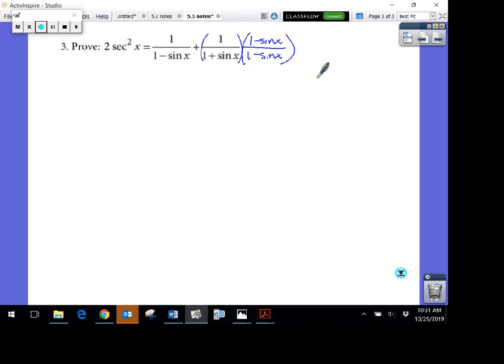I can always multiply by 1. This side needs a 1 plus sine x over 1 plus sine x. I can always randomly multiply by 1. This is equal to 1. This is equal to 1, so I'm not changing the value.